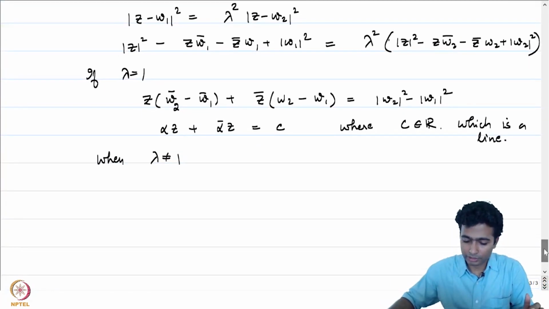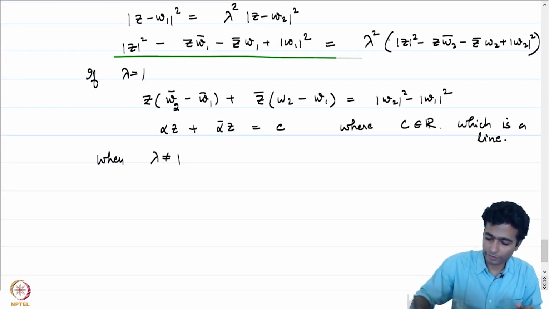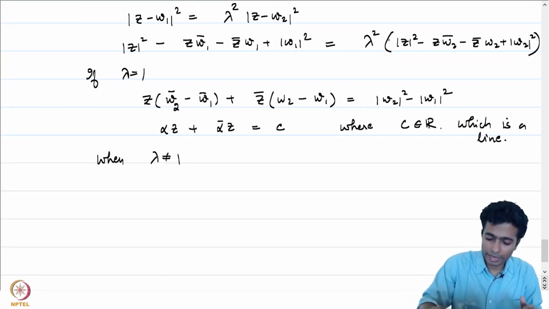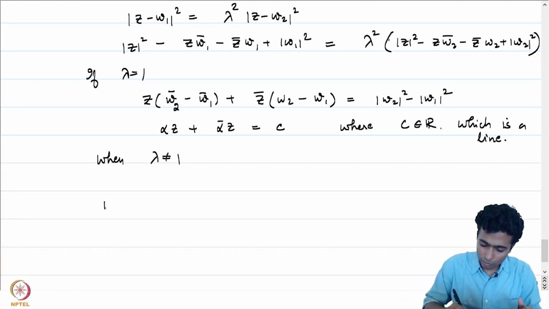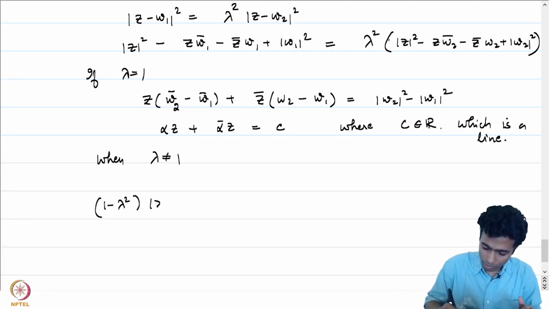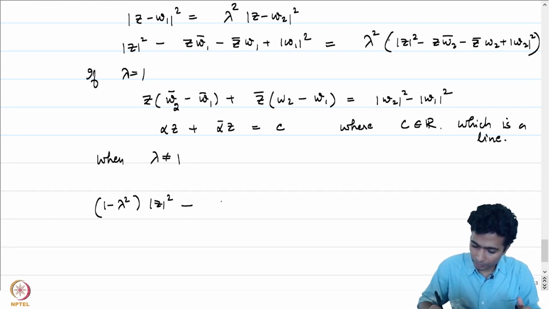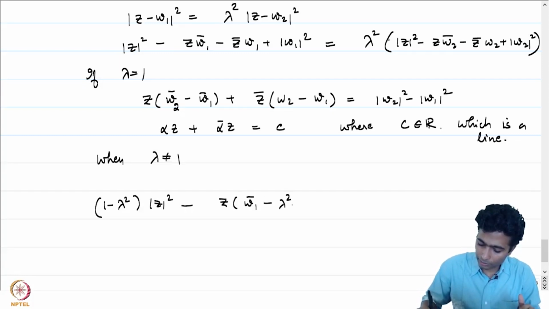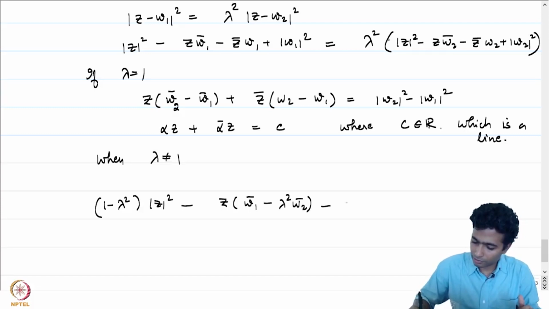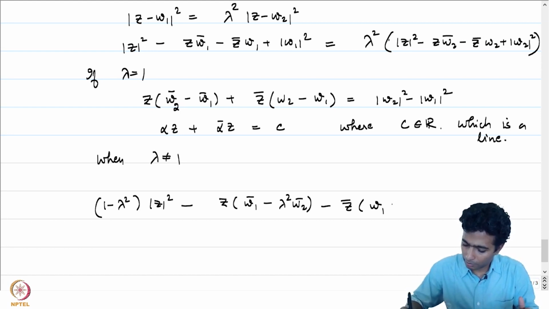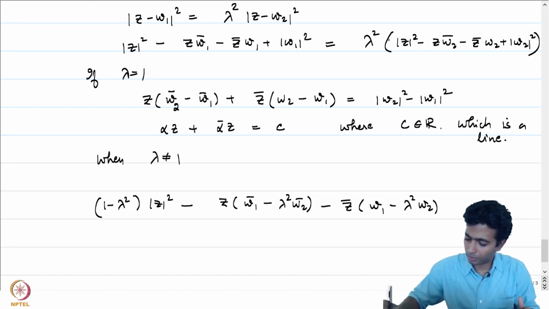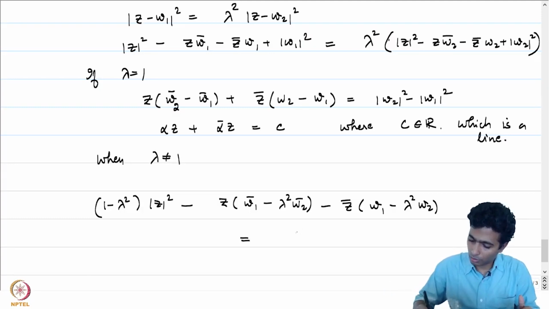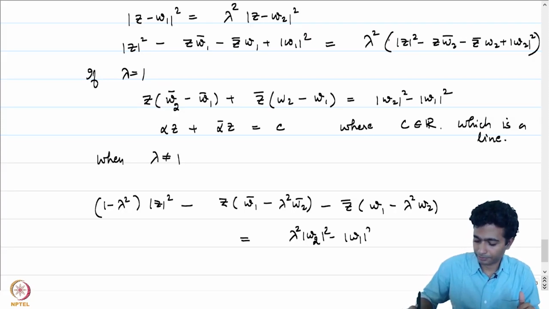When lambda is not equal to 1, let's see what we have got here. This is the equation we have after expanding it out, and that can be written as (1 - lambda^2)|z|^2 - z times (w1 bar - lambda^2 w2 bar) - z bar times (w1 - lambda^2 w2), which is equal to lambda^2 |w2|^2 - |w1|^2.